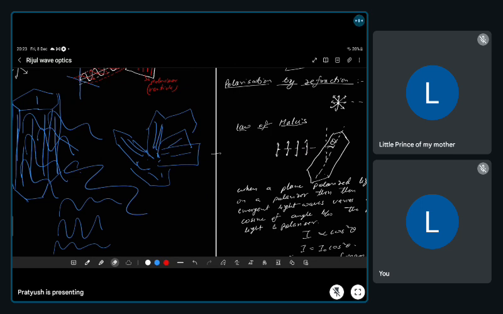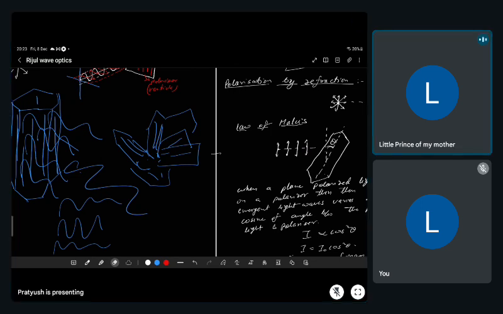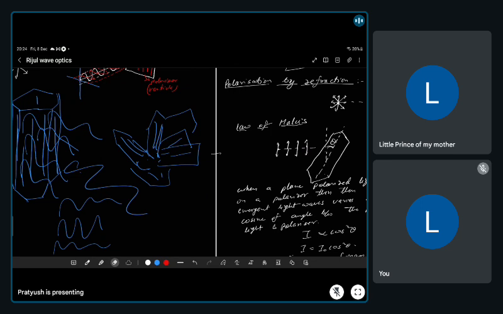In Sanskrit, this tourmaline is called Vaikrant Mani, and this mineral was present in ancient India since very ancient days. And this Vaikrant Mani, or tourmaline, has the property to allow only plane polarized light to pass through it. Means light rays vibrating in a single plane will be allowed to pass.